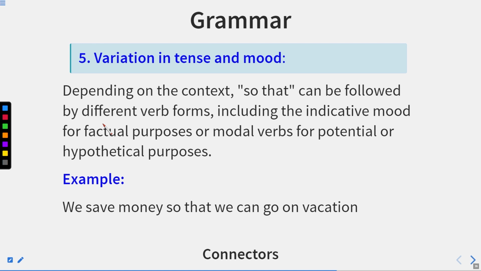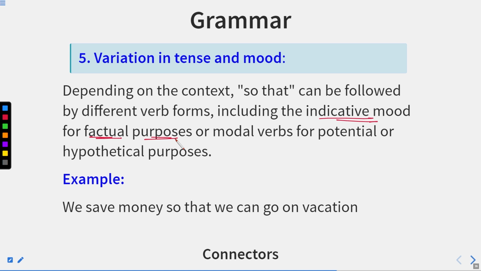But in this case, whenever we are using so that, we basically include the indicative mood. Indicative mood refers to factual purposes. There we read some purposes which were imaginative. Those were subjunctive. Subjunctive means imagination. But indicative means facts, actuality. Now, factual purposes or modal verbs for potential or hypothetical purposes.